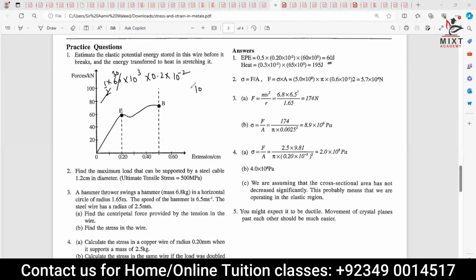Now the value reduces. Can you solve that? What is written here in the answer, right in front of you? What is the calculator showing? Can you repeat that? No, I mean this one: 0.5 into 0.2 into 10 to the power minus 2 multiplied by 6 into 10 to the power 3. Can you check this out? Is it really 60 or 6?